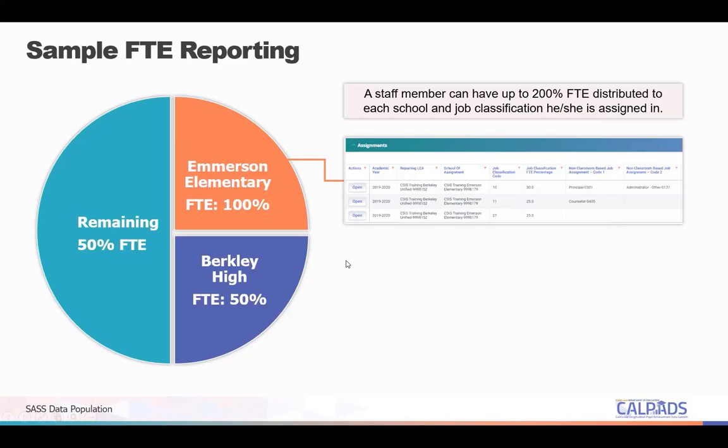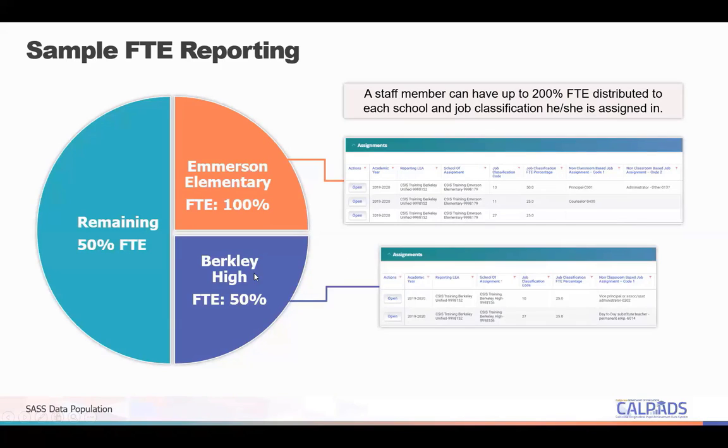Now, it so happens that the same staff member is employed at Berkeley High with an FTE percentage of 50%. At Berkeley High, he has admin credentials. He is working as a vice principal with 25% FTE and also working part-time as an itinerant teacher with a day-to-day substitute teacher permanent teaching employment of 60/14 for a non-classroom based assignment.